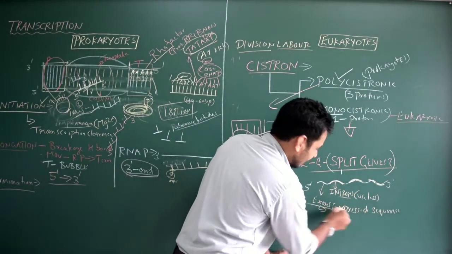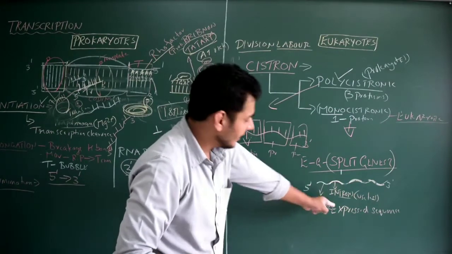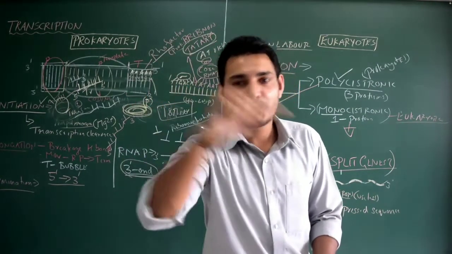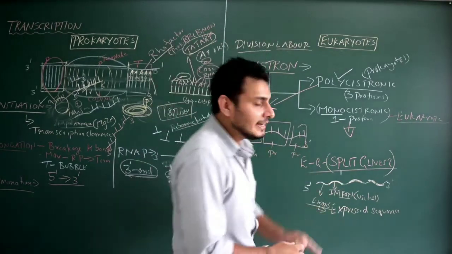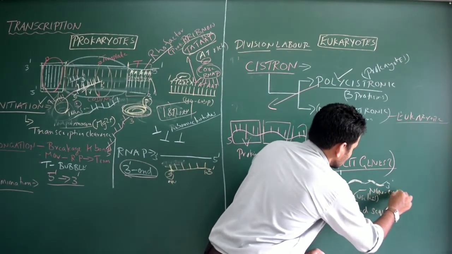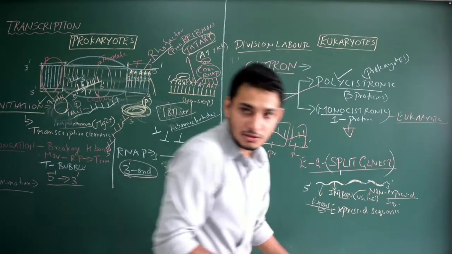Expressed sequence, E, E. Very easy, no confusion, right? Exons, E is for expressed sequences, which are actually used for the synthesis of proteins in the ribosome. Whereas introns are non-expressed sequences. Any confusions? No, right?